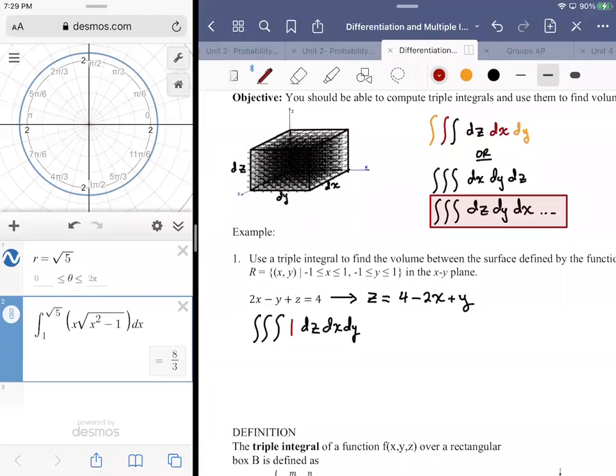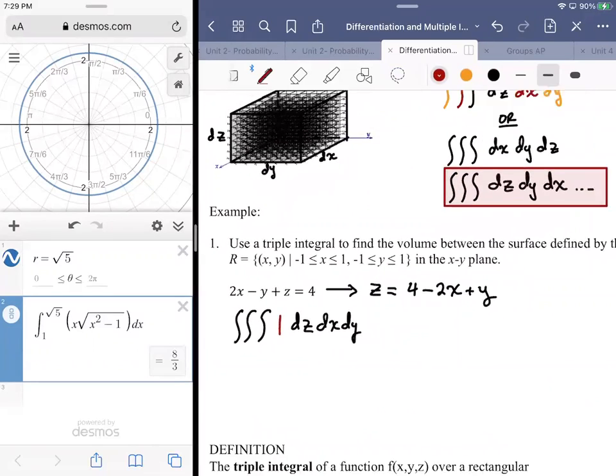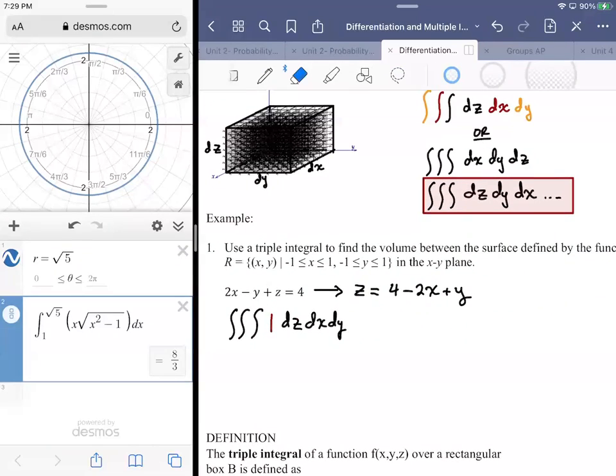All right. So what I'm going to do is integrate this from the floor, because it says from the xy plane. I went for the highlighter, but xy plane is z equals 0. So that's my floor. I want floor to ceiling.